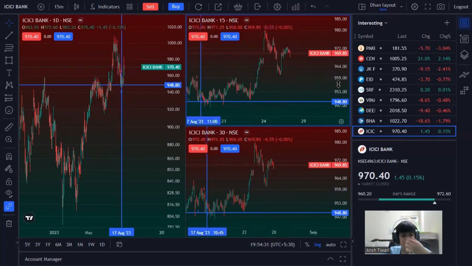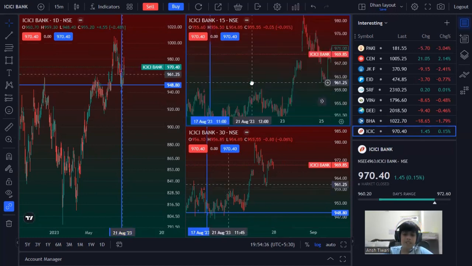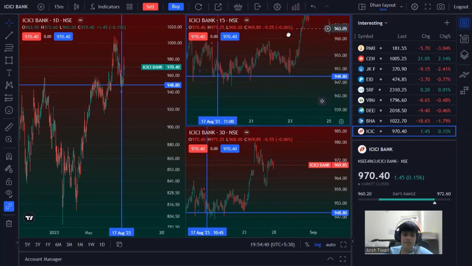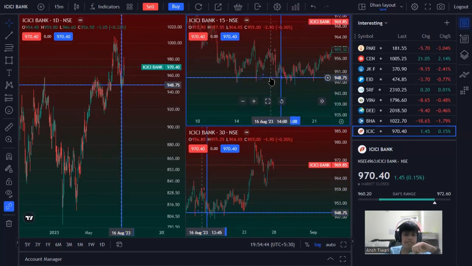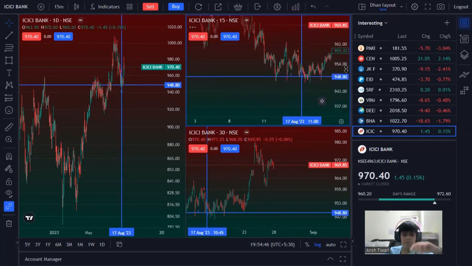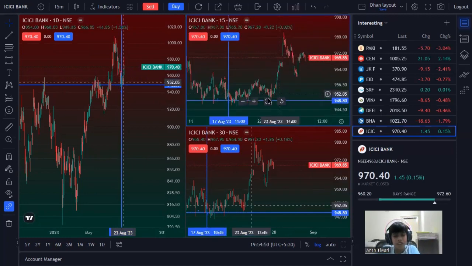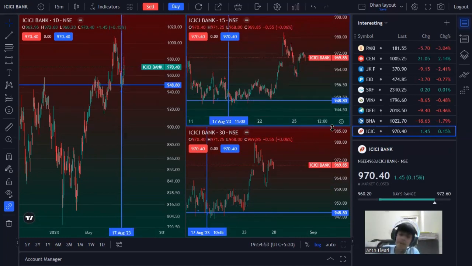I trade in Dhan only, so I am using Dhan charts right now. Here I bought the trade and then the market started going upwards. The reason I bought the trade here was because it is obviously a very clear support. We can see that the markets after this did a little touch on this 948 rupees and then went upwards.